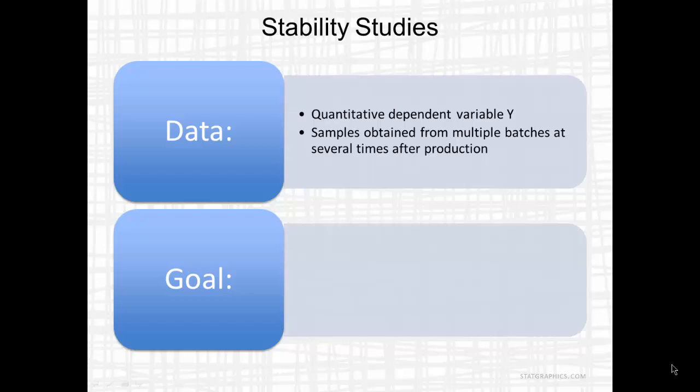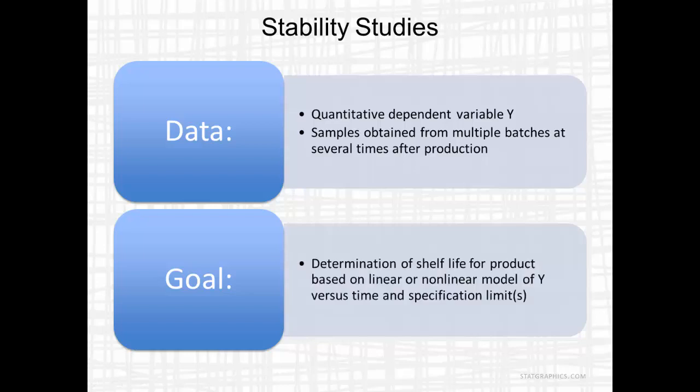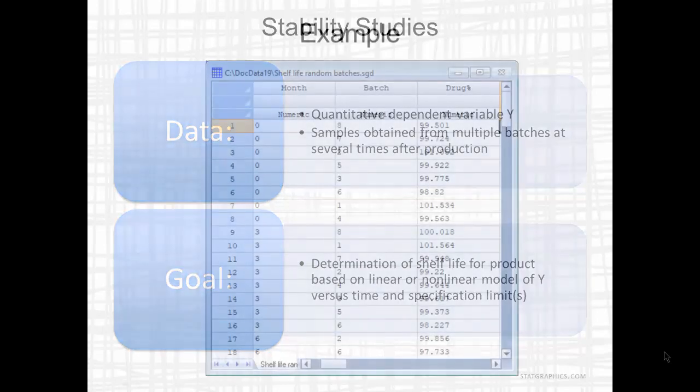Samples are obtained from multiple batches at several times after production. The goal is to determine an acceptable shelf life for that product based on linear or nonlinear models of y versus time, and one or more specification limits.